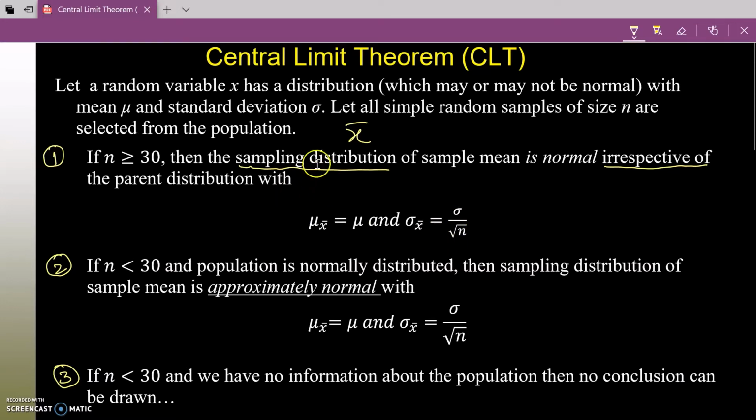It means if this happens, then these two formulas also hold. These are the main formulas for the central limit theorem.